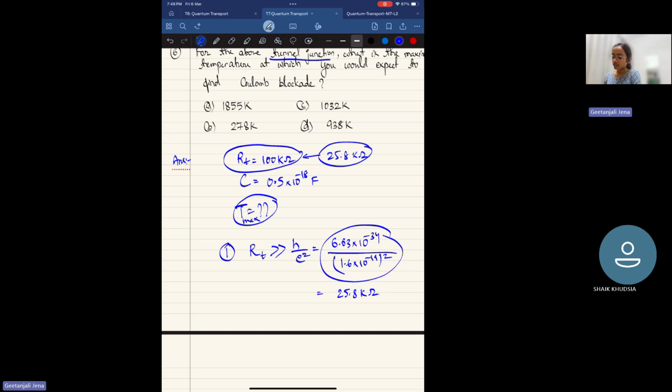That is why I said always check whether the tunnel resistance is greater than 25.8 kilo ohm or not. If it is greater than 25.8 kilo ohm, then there is sufficient tunnel resistance in the circuit, and it's possible to see the Coulomb blockade effect. So is this clear? The 25.8 part?